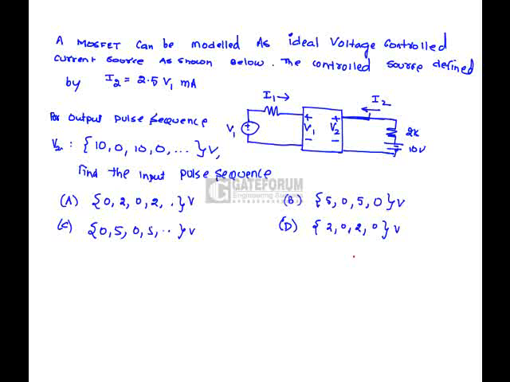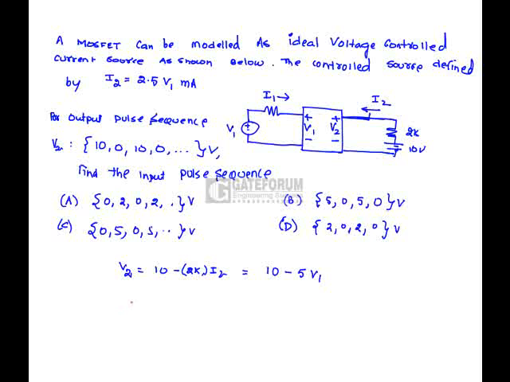This is the sequence which we are getting for V2. Here V2 is decided by I2, that is, V2 is 10 minus 2k into I2. If we substitute 2.5, 10 minus 5V1 is V2.